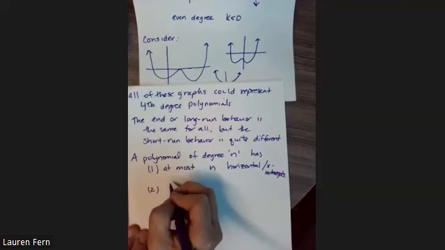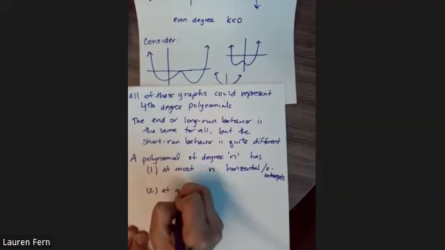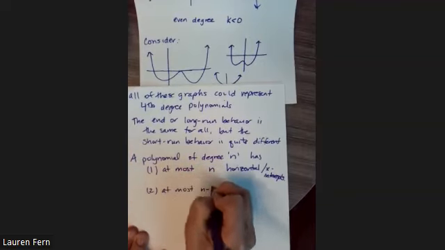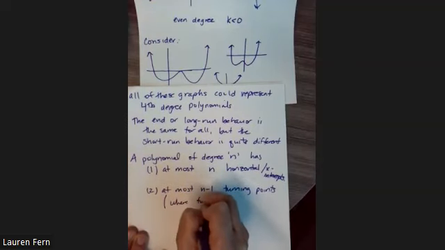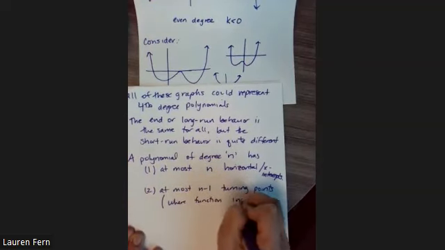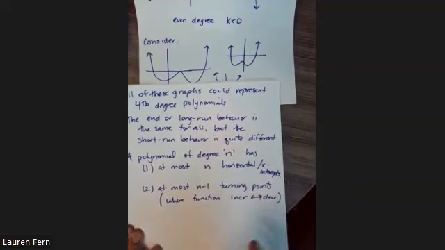And a polynomial of degree n has at most n minus 1 what we call turning points. And turning points is where our function or our graph goes from increasing to decreasing or decreasing to increasing.